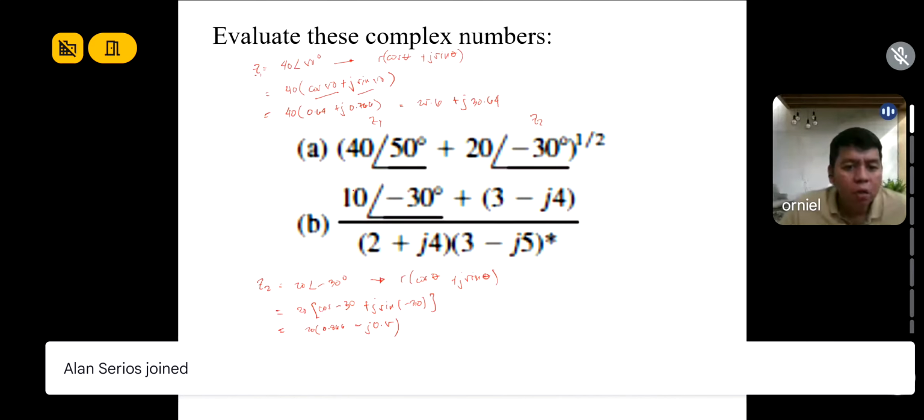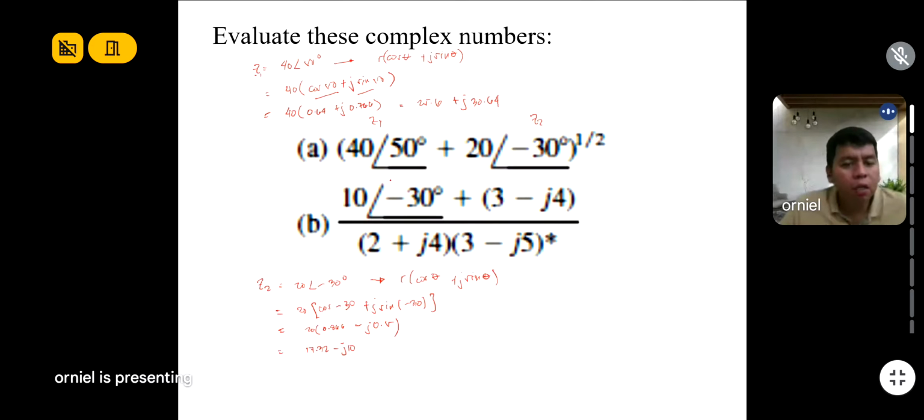Okay. So we have converted Z1 to rectangular form, and we have converted Z2 to rectangular form. Now, first, we add them. Basically, to add, we have Z equals Z1 plus Z2.